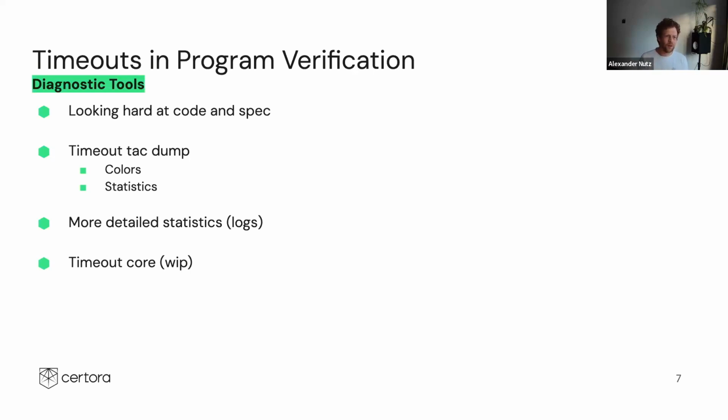But then we're also developing tools that I'm going to show, which is the timeout tech dump. I had this preview. It helps you by giving a graphic view and some statistics, even more statistics, timeout cores. This has preview characters, so that isn't on current master, but we're developing it.